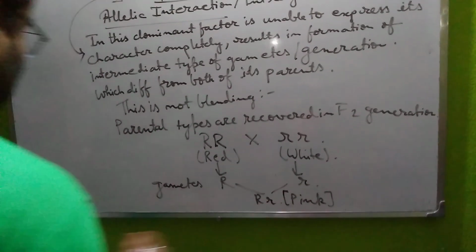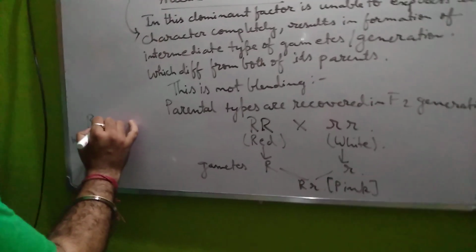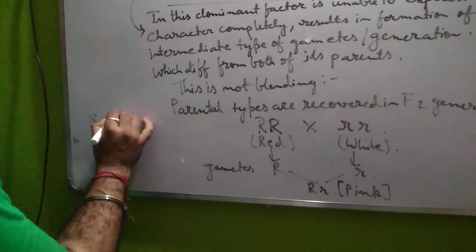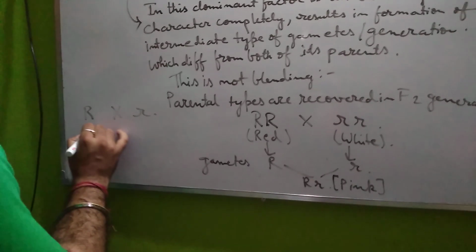Now if I do the self crossing over here, what will it be? Capital R and small r crossed with capital R and small r.